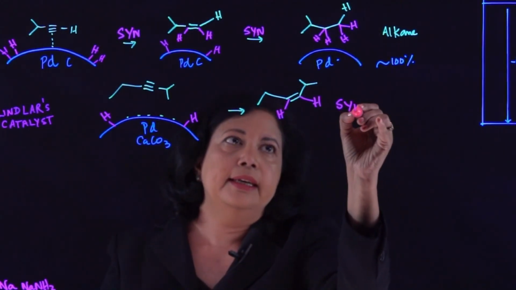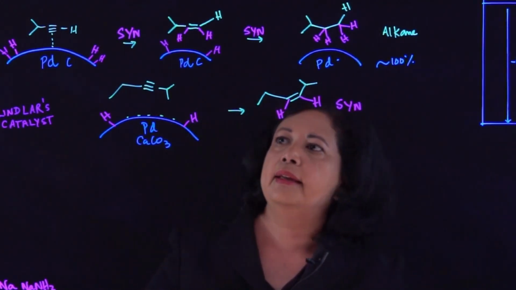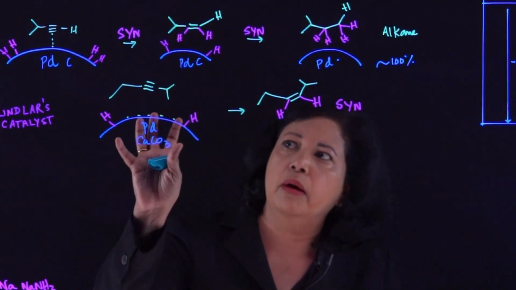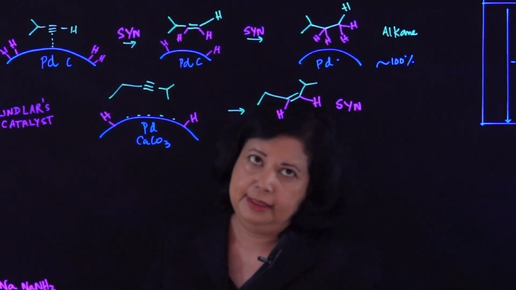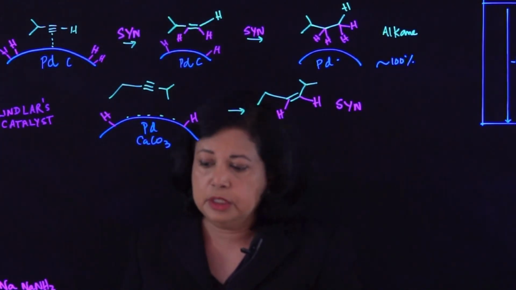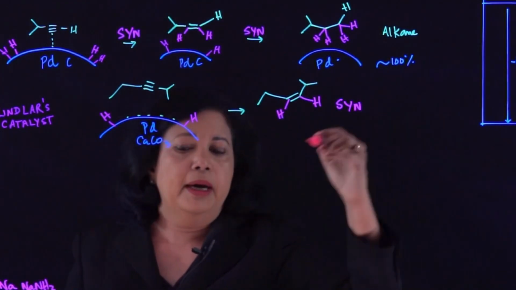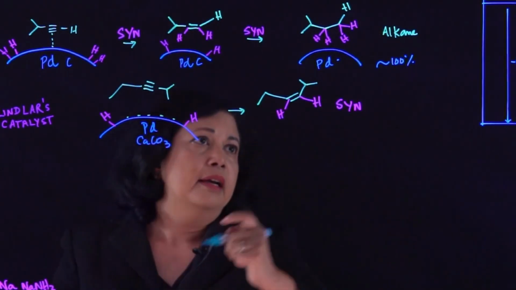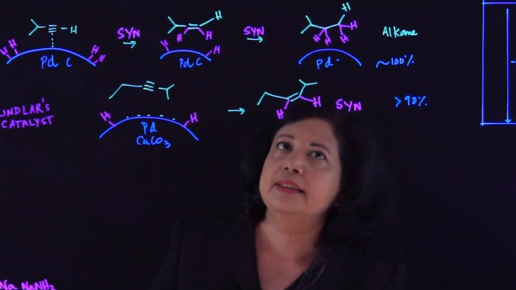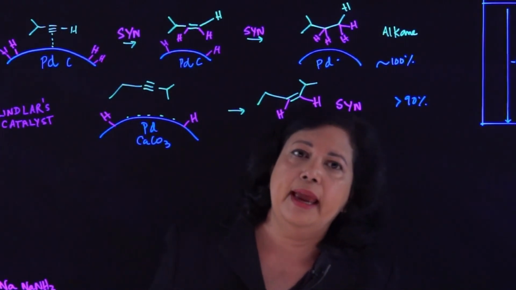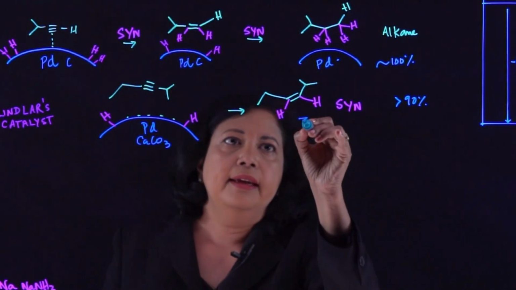That is a syn addition. And the catalyst has been weakened to the point that it cannot break a pi bond of an alkene. So the reaction stops here. And this is also almost about 100% here. I would say at least above 90%. So this is a very good way of stopping at a Z alkene.